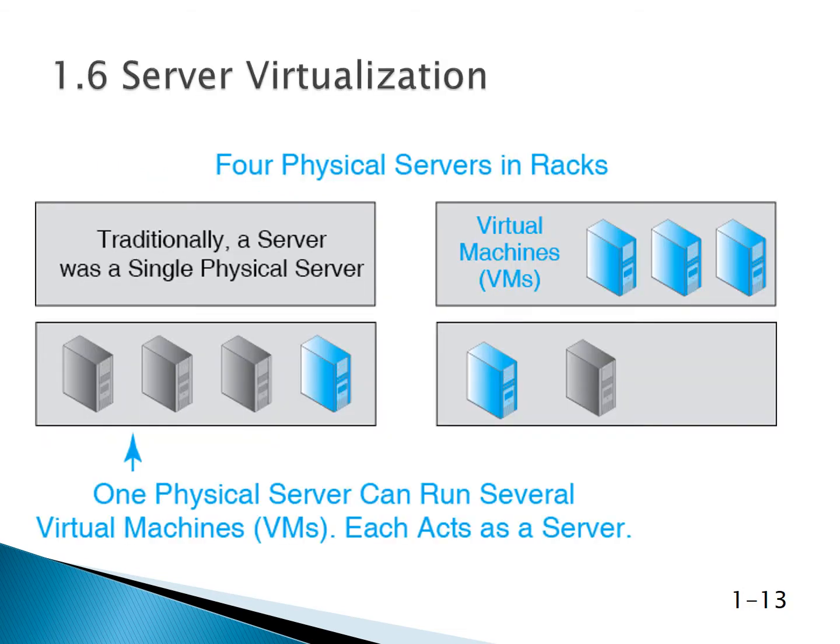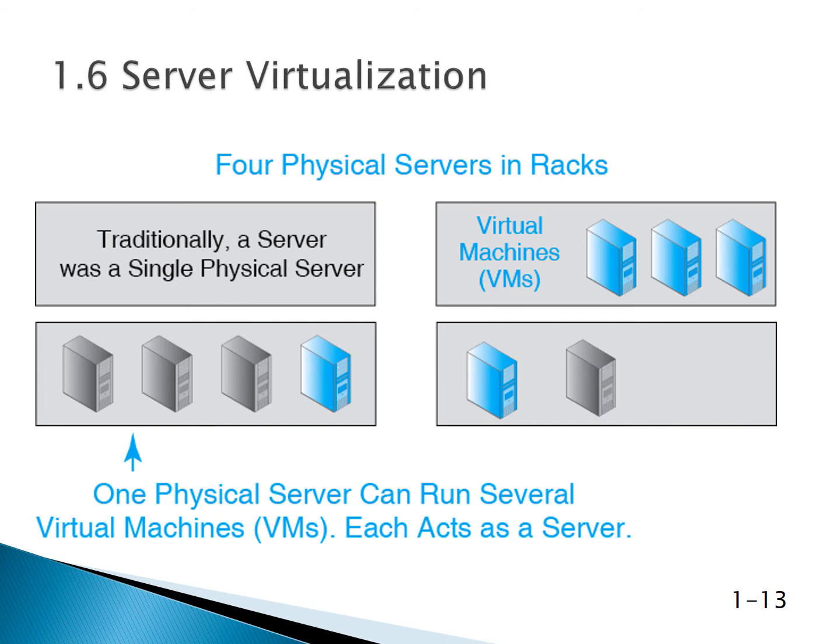So in cloud computing, we know we have something called server virtualization. When you have physical servers in racks, traditionally a server was basically a single physical server, right? But nowadays we can run virtual machines.